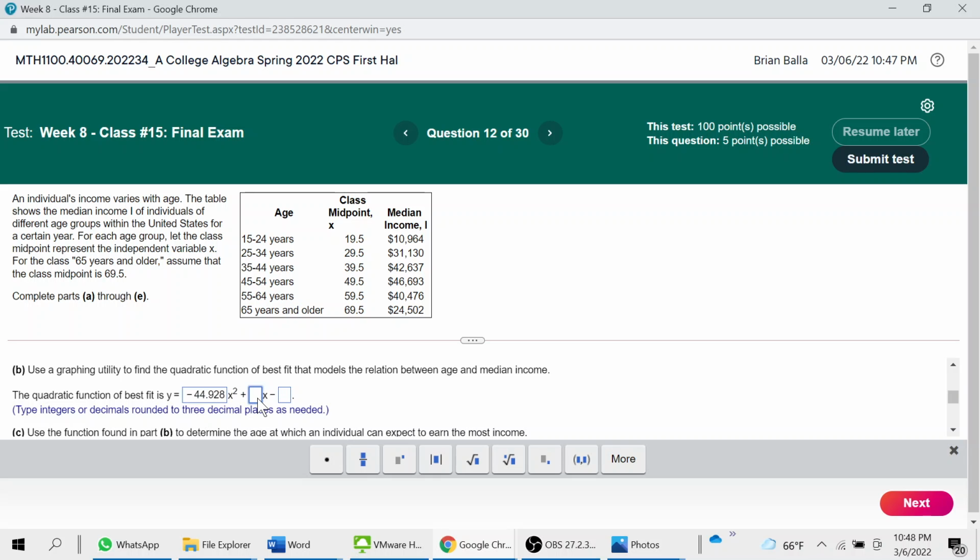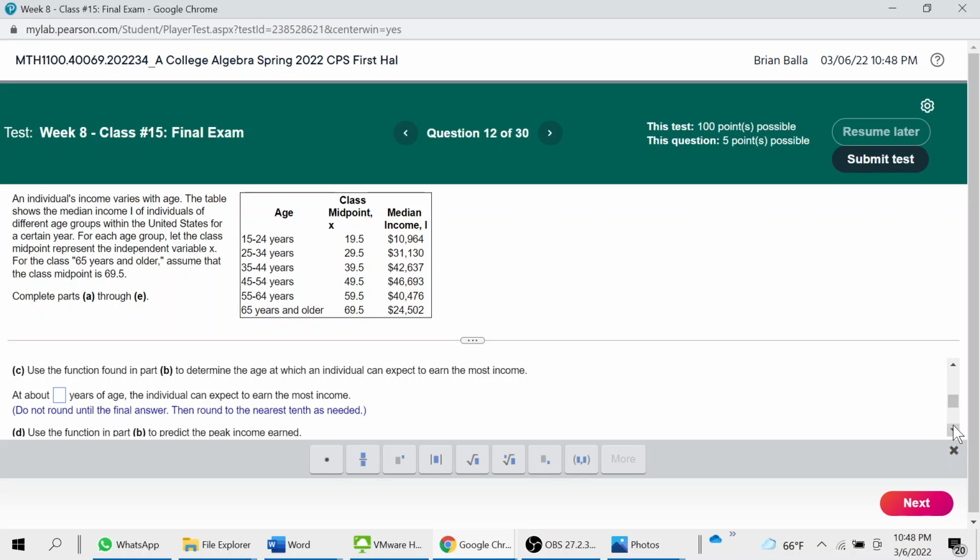Round down to B. 4283.676. And then negative 55,817.589. Cool. Wow.